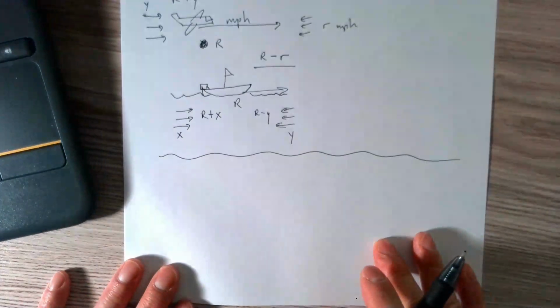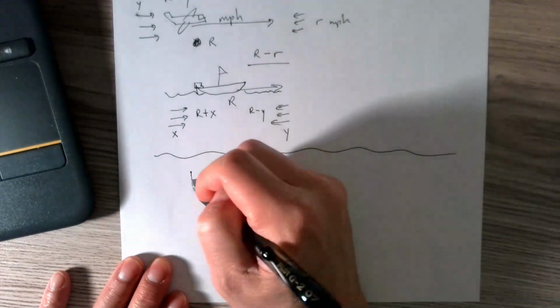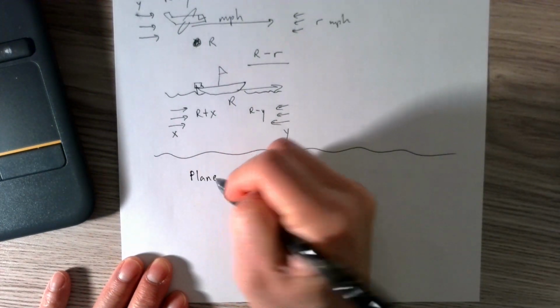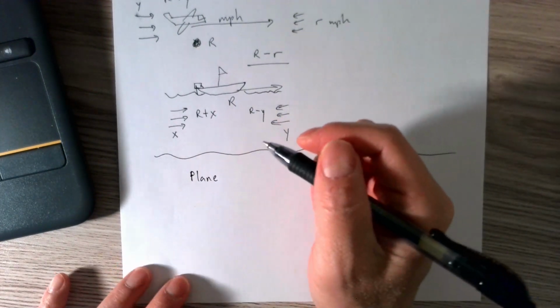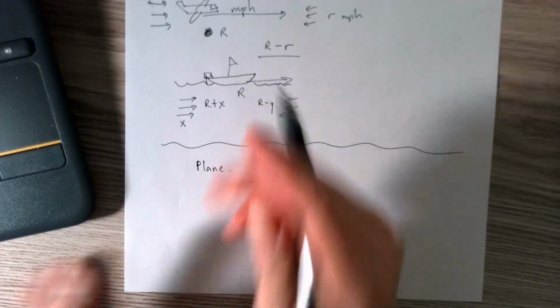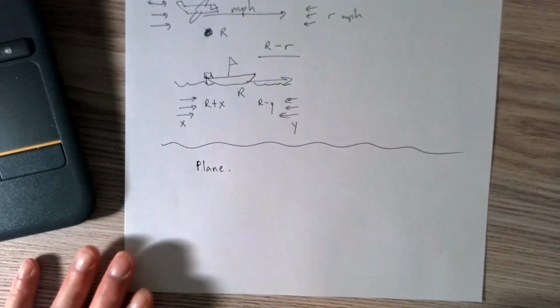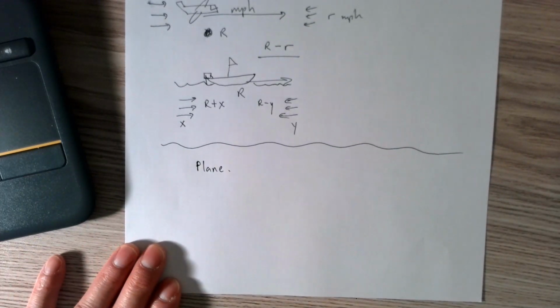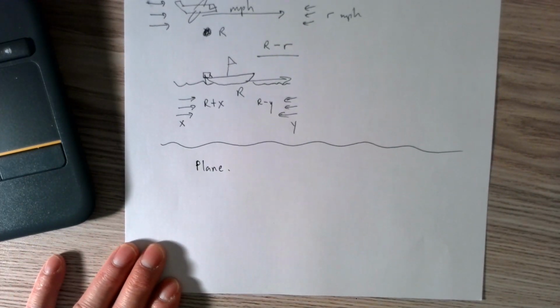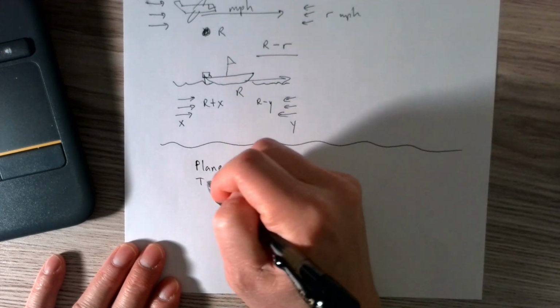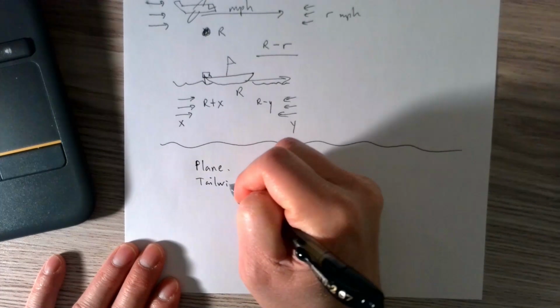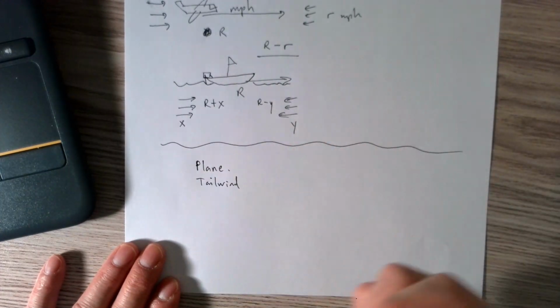Okay, here's our first example. So these word problems are kind of wordy, so I'm just going to write down just the bare minimum information you need. So we have a plane, and if there's a tailwind, that means the wind is helping the plane go faster.